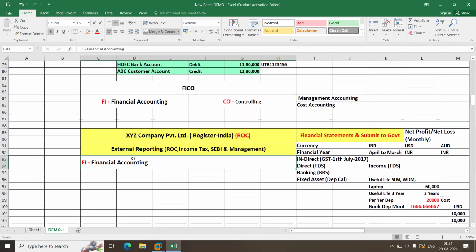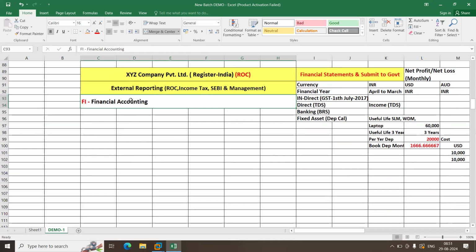And in tomorrow's session, we'll try to understand what sub-modules we have under FI. Maybe you have a little idea of GL, AP, AR, asset, banking, right? We'll discuss in more detail, and also try to understand the difference between one module and another. The difference is very important.